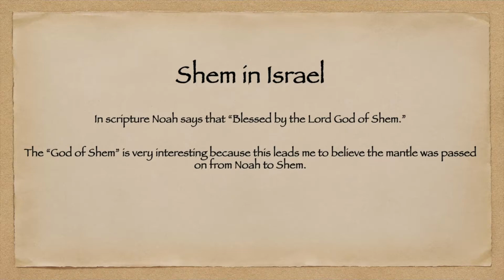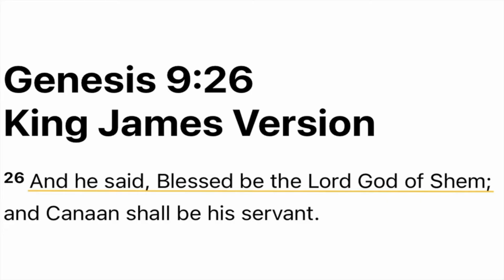The God of Shem is very interesting because this leads me to believe the mantle was passed down from Noah to Shem. And he said, blessed be the Lord God of Shem. Genesis chapter 9, verse 26.